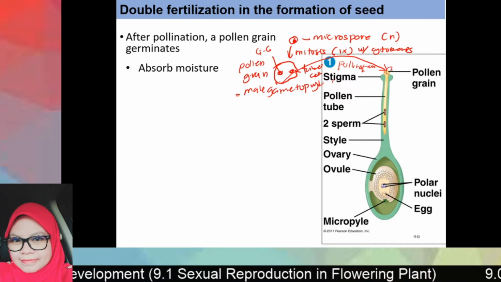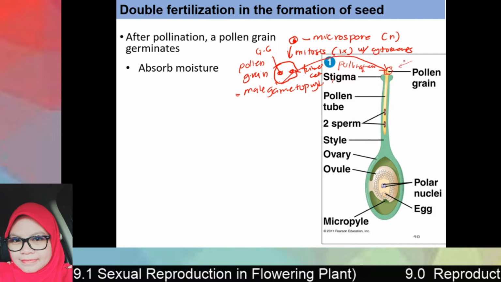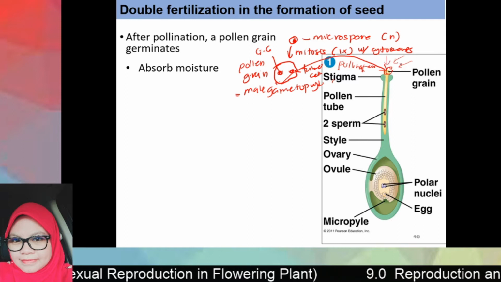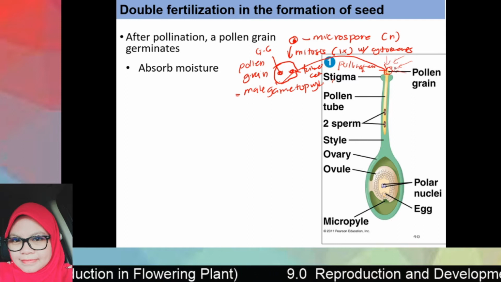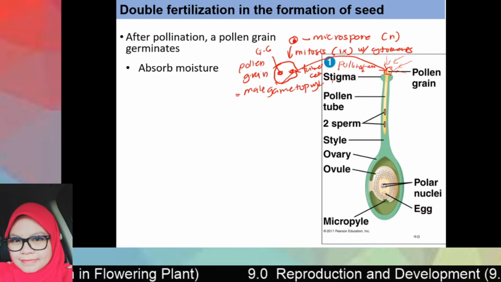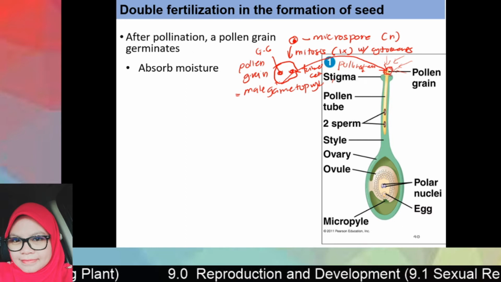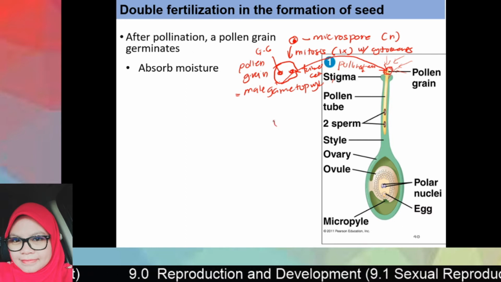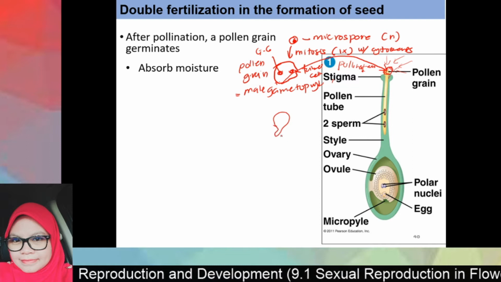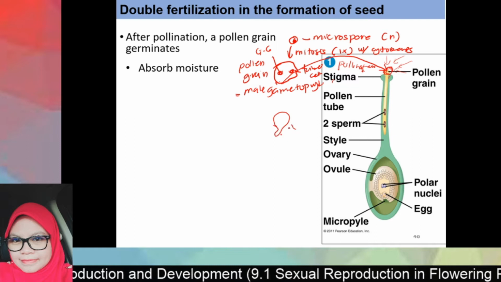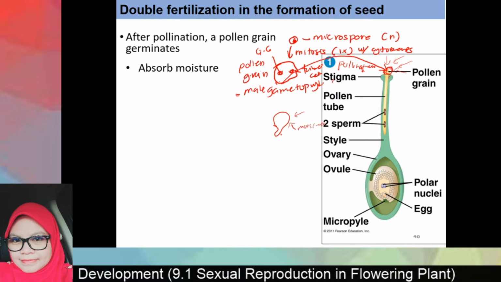When the pollen grain lands onto the stigma, it will absorb moisture. How much moisture, water, it will absorb. When it absorbs the moisture, this pollen grain will germinate. From its round structure, it will germinate, because it absorbs moisture.